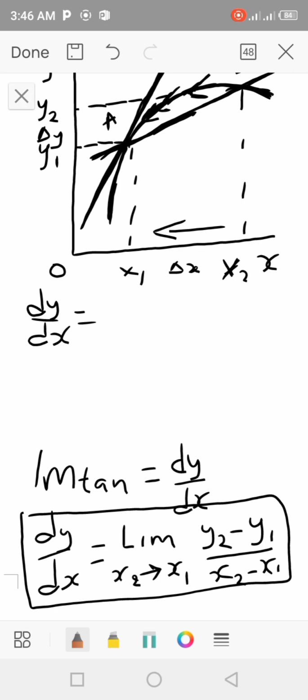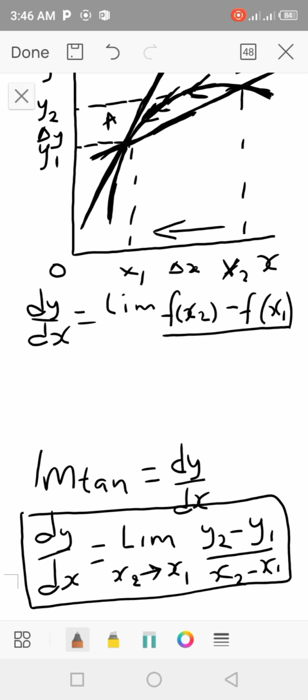So that is going to be dy dx equals the limit of, now y2 can be expressed as a function of x2. So instead of writing y2, we can write f of x2 minus, instead of writing y1, we can write f of x1. So we still have our x2 minus x1 as x2 approaches x1.